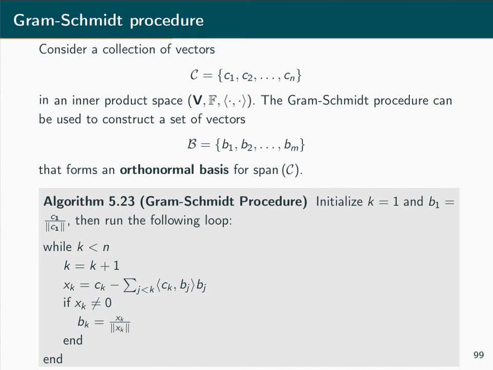It starts with the first vector C1 in the set C, and then it moves through the entire set C stepwise by gradually increasing the index k, where the next vector bk is computed based on the vector ck and some inner products with the already computed basis vectors bj up to the current instance k. You will actually go through an example of the Gram-Schmidt procedure on the next homework sheet 5.